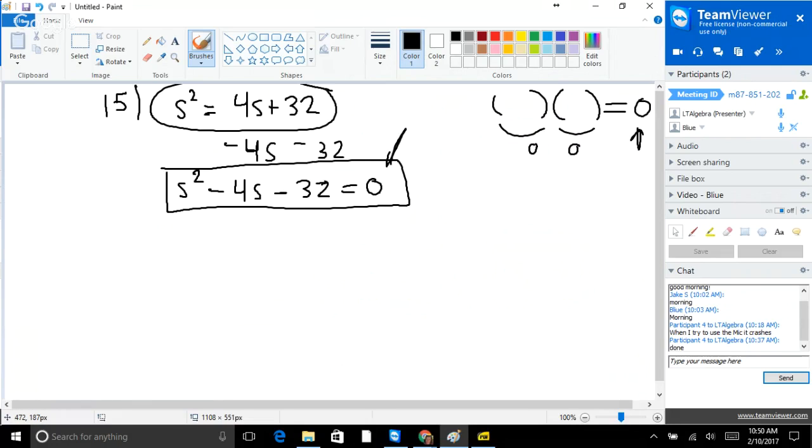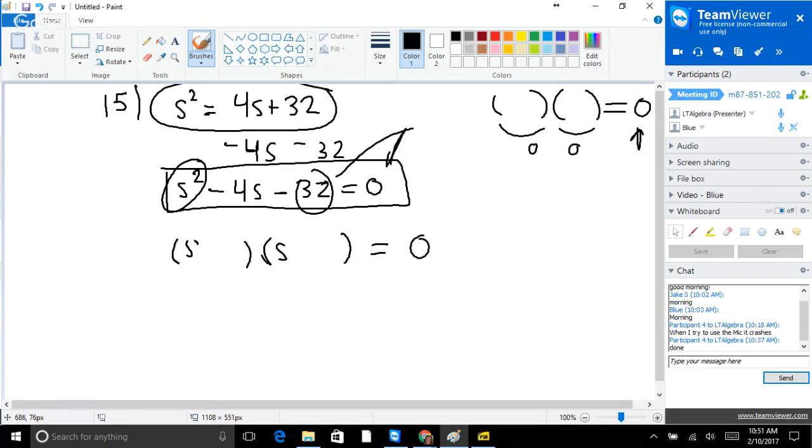Now we're going to try to see if we can factor s squared minus 4s minus 32 in order to solve. So what I mean by that is we want to say, can something times something equal 0? So we've got s squared, right, which is s times s. And then we've got 32.